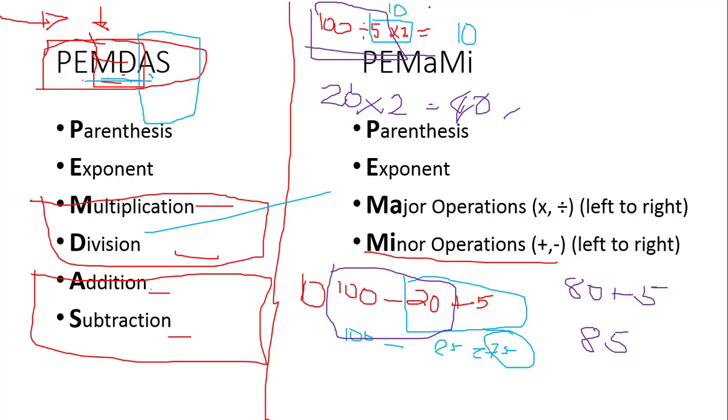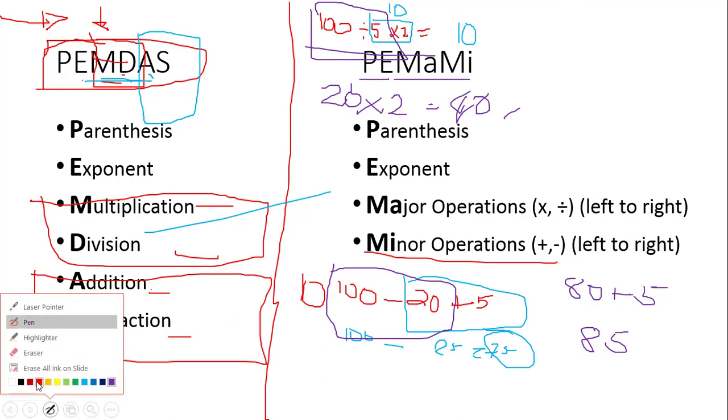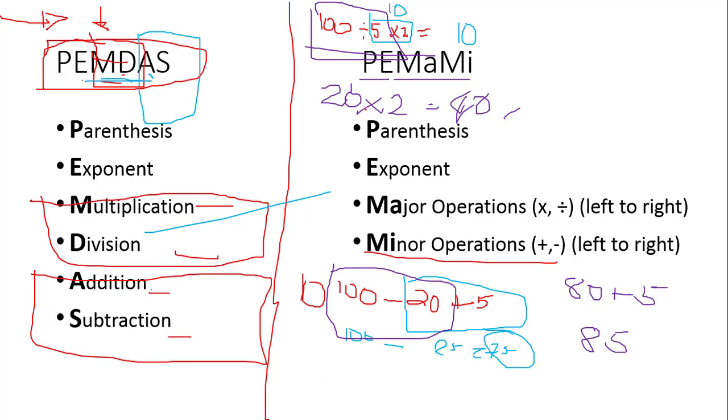So, always remember lang natin yung concept ng PEMAMI. So, again, parentheses, exponent, major operations, it's either multiplication or division, basta from left to right lang lagi. Interchangeable sila, kahit ano ay pwedeng mauna. Same true with the minor operations. Yung addition and subtraction din from left to right and interchangeable din.